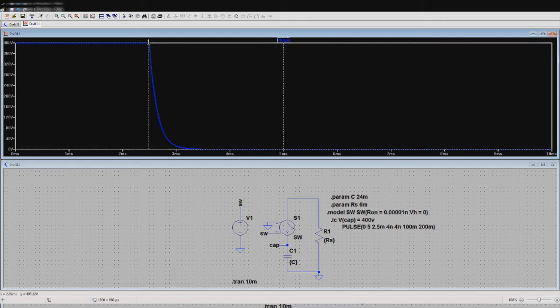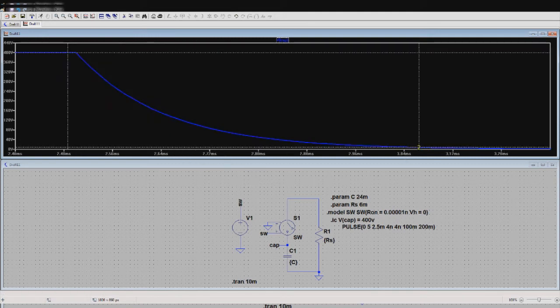So let's see, approximately here to 0 volts.